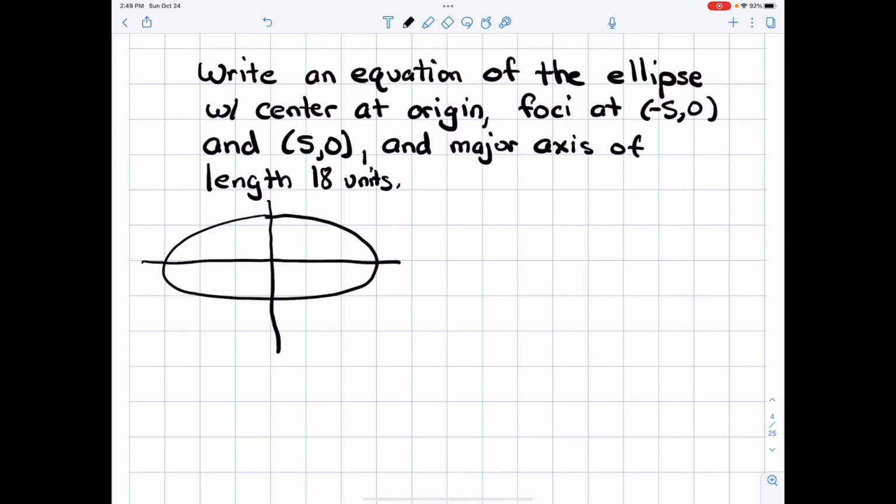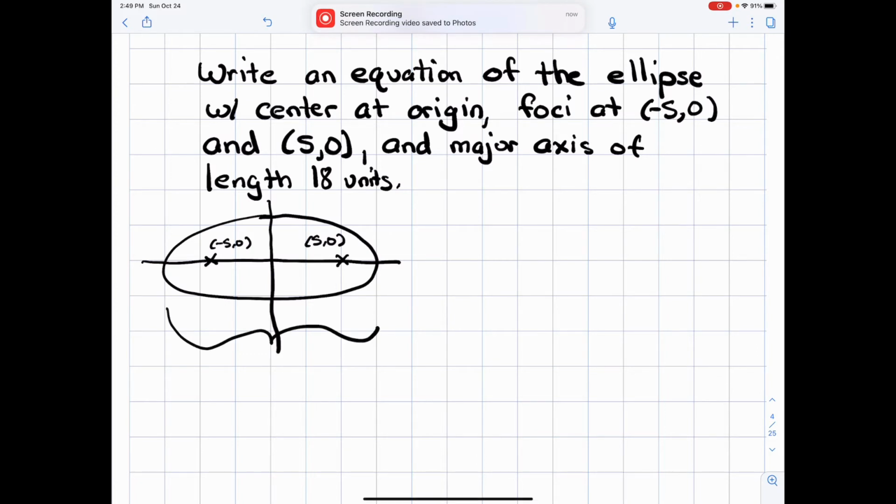So again, I'm not going to situate it just right on the grid, but they tell me my foci are at (-5, 0) and (5, 0). So somewhere over here, like this. And then they tell me the major axis length is 18 units.